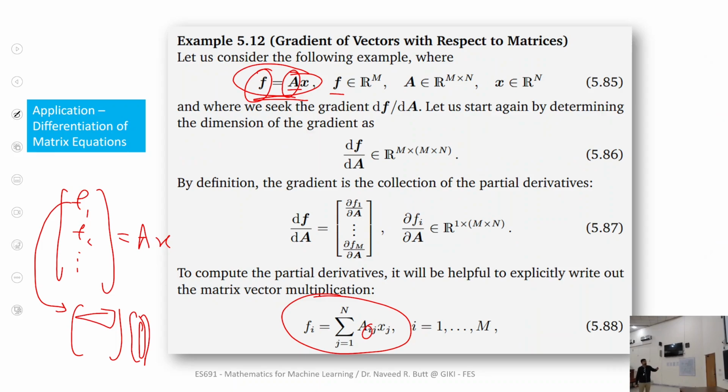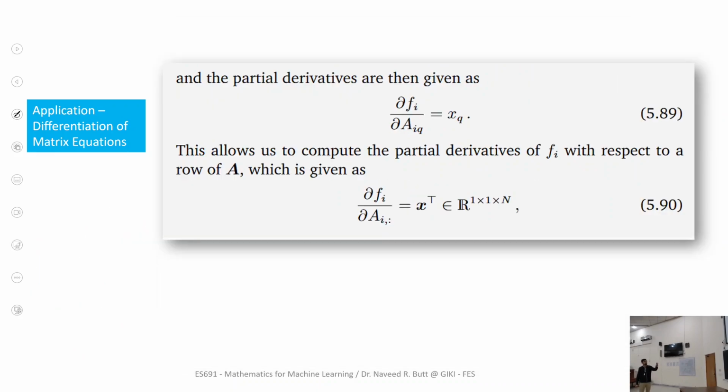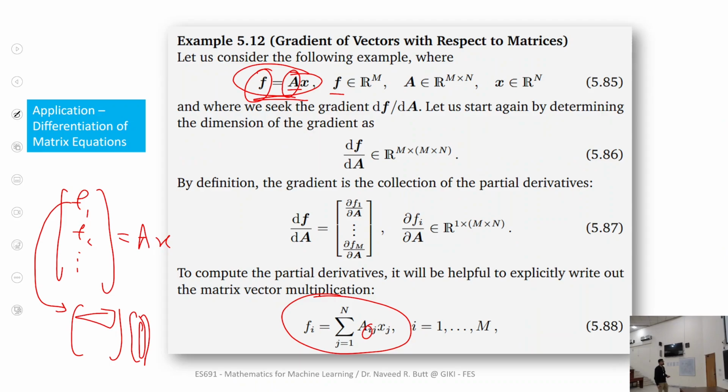Once you write it like this, it becomes very obvious that the partial of fi with respect to A i q, same row i, different columns, will be x q, which is from here.